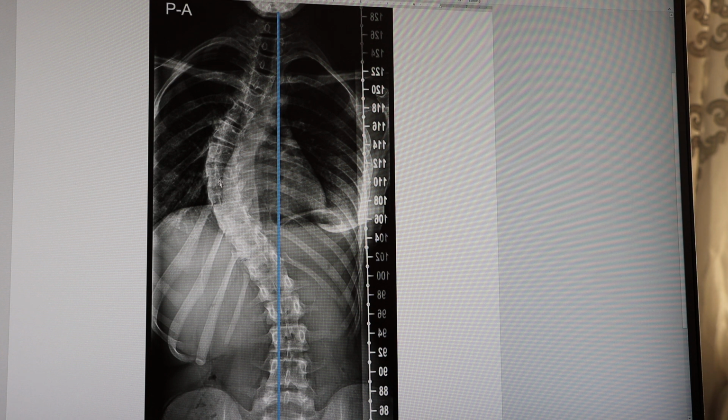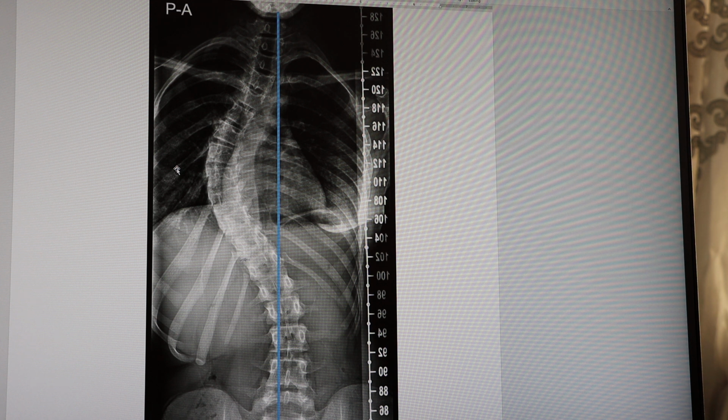Next step is to identify the name of the curve, depending on what? On the apical vertebra. Just to remember, any curve with an apical vertebra between T1 to T3, we call it an upper thoracic curve, or sometimes a high thoracic curve. T4 down to T11, it's a thoracic curve.